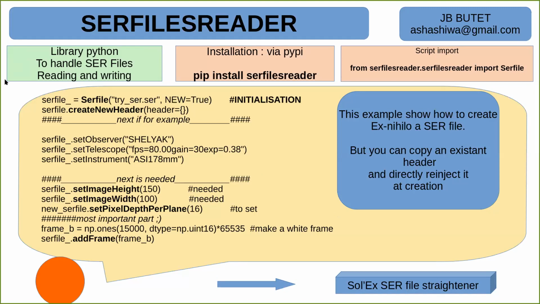These lines are not very needed for a test, but these three are needed. You can set image height, set image width, and set pixel depth per plane. These are the only three needed lines to make some tests.